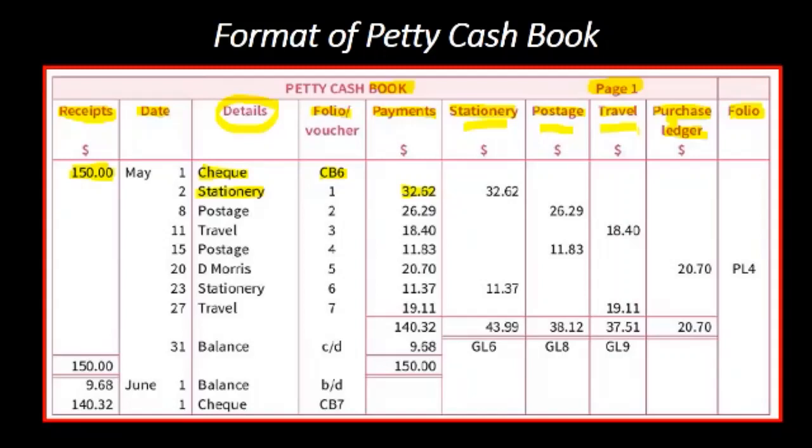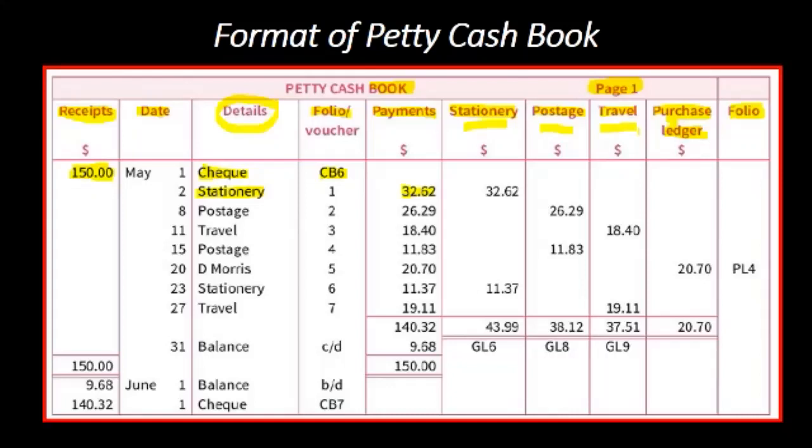If we remember, the purchases ledger is where we have the creditors, their personal accounts are there, and we have more than one of them, so you need to identify which page it is going into here. Okay, we'll see more of that later.